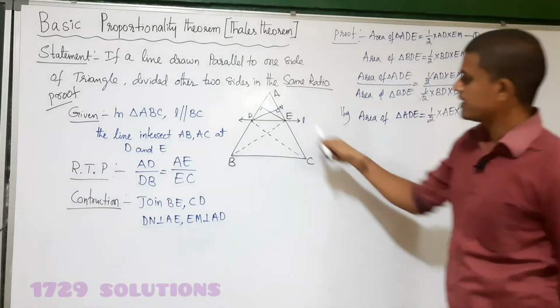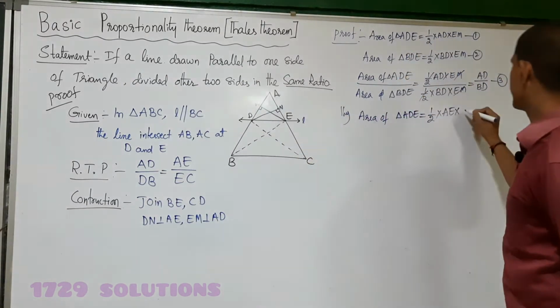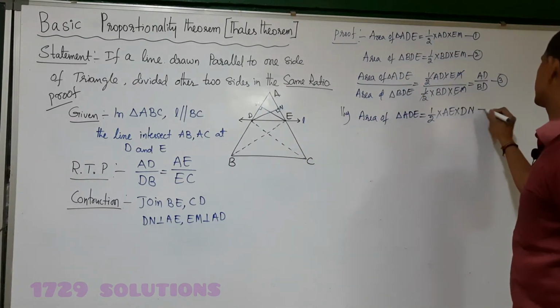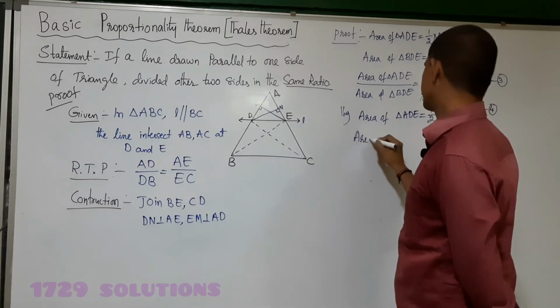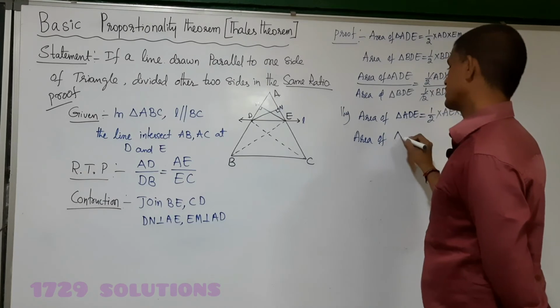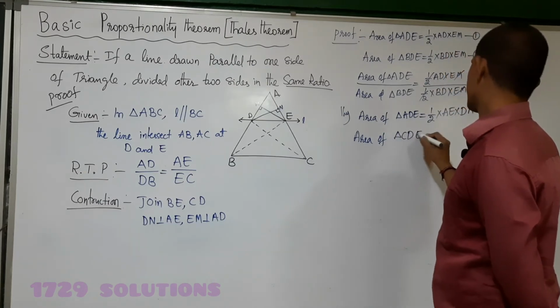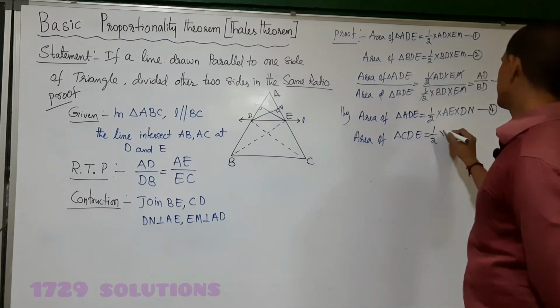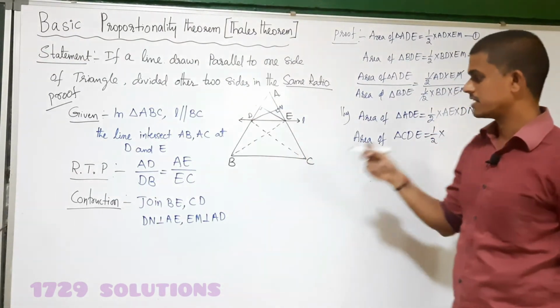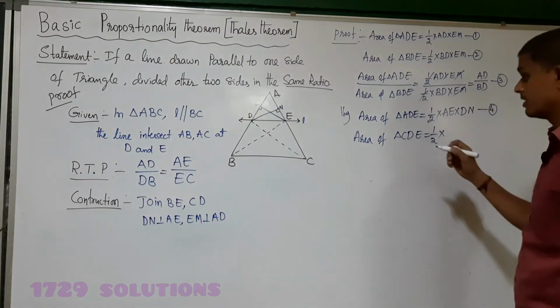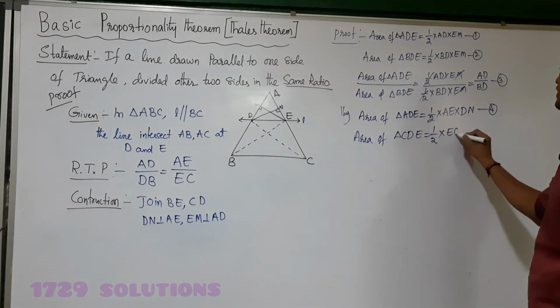If the base is AE, then what is the height here? DN. Yes. And another triangle, CDE. Again CDE looks like an obtuse angled triangle. In this, DN is the height of the CDE triangle. That's very very important. Then what can you write? EC into DN.